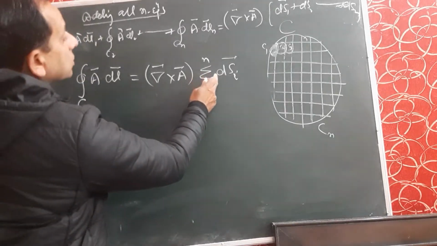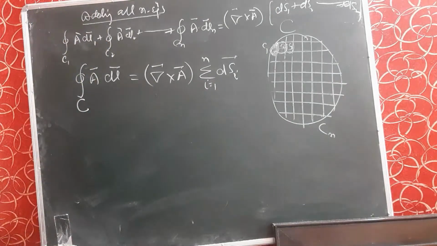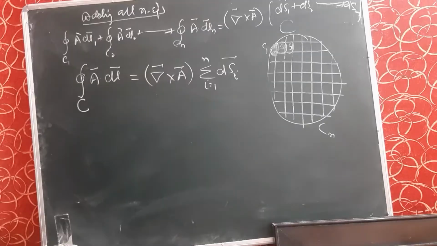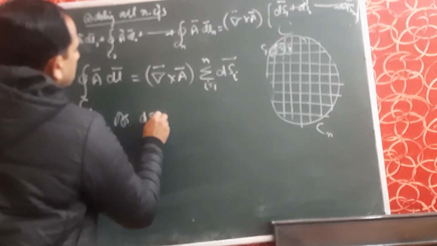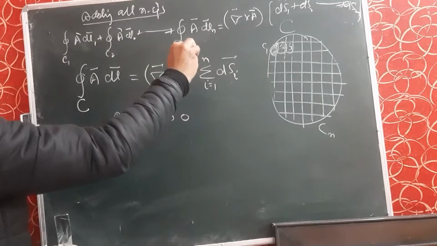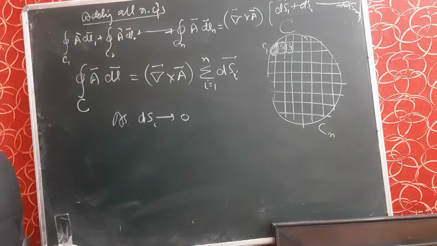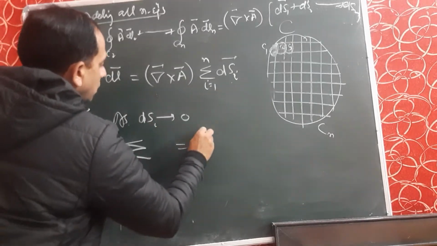So this is sigma, summation. We know that sigma and integral are the same, but sigma is a random addition or collection of the particles, while in integration, it is the continuous distribution of particles. So as this ds tends to 0, with a small surface area, it will become very small, then we may write this sigma into integral.